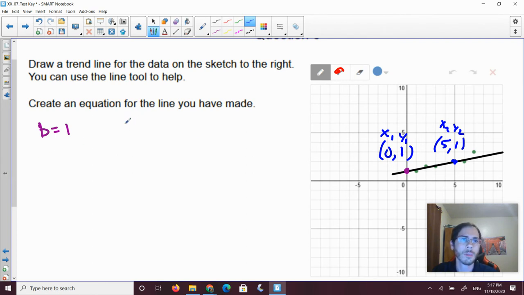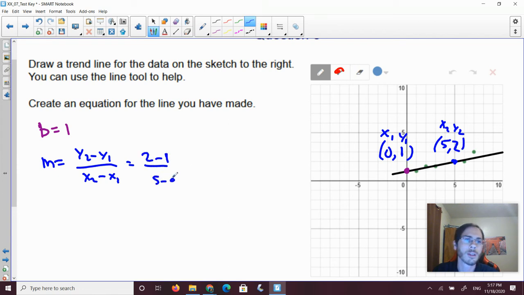To get the slope, we could do y2 minus y1. We could also just count the slope if we really wanted to, and we can tell we're going up 1 over 5. So you could get to 1/5 right away. I'm going to go through the whole formula though, because the formula will always work: y2 minus y1 over x2 minus x1. So 2 minus 1 over 5 minus 0, and again we get 1 over 5.